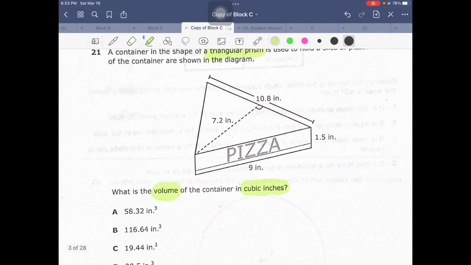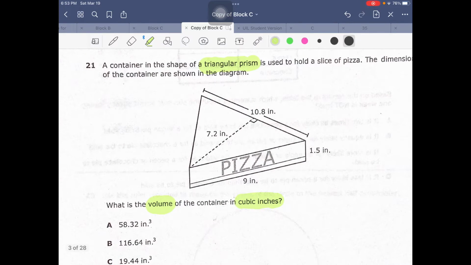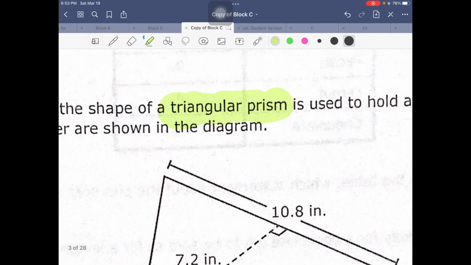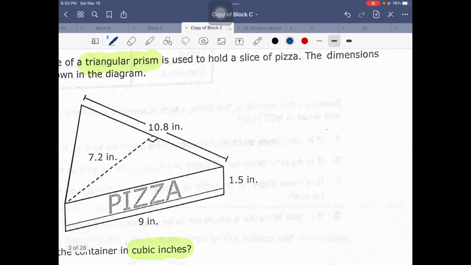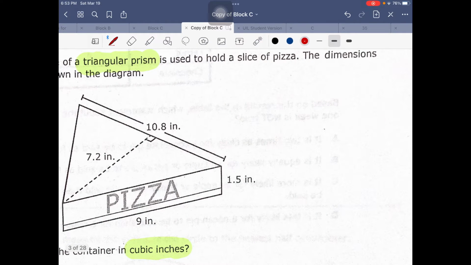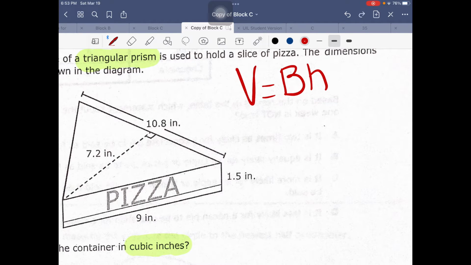Okay, well, first things first. This is a triangular prism, as they already said. What's the formula? Well, the formula is V for volume is equal to big B times H, H being height.